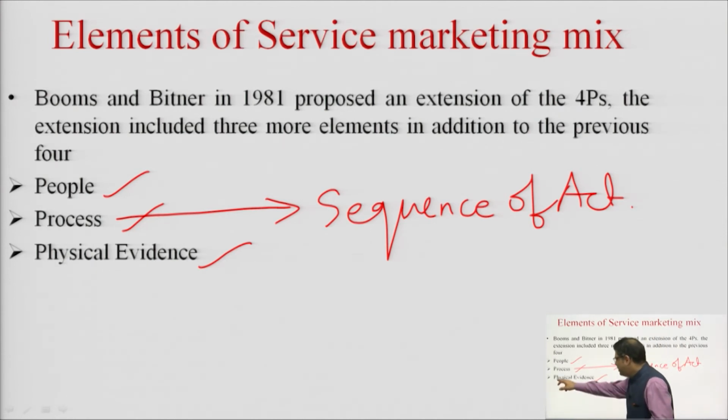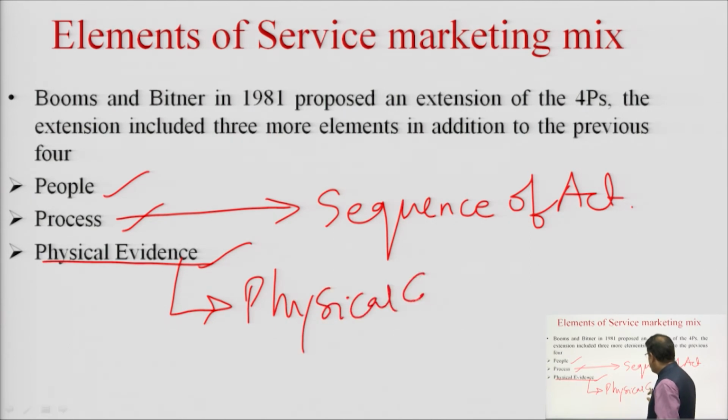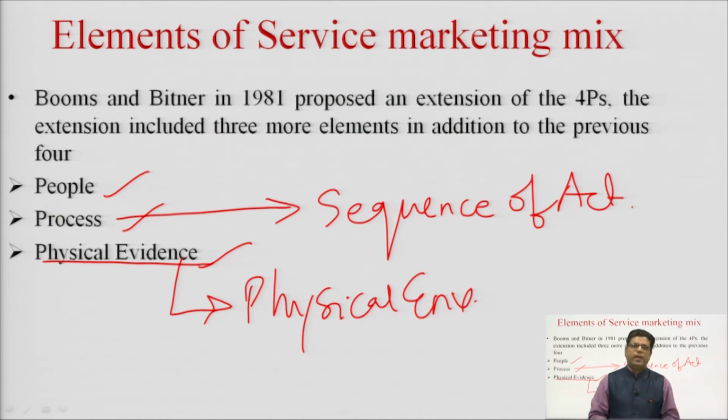And then last but not the least, there is physical evidence. Let me define this by saying that it is the physical environment in which the service is being offered. So, when we are going to a restaurant for eating food, we have tables and chairs, we have the lighting, we have the curtains, we have an ambience, we have people around who are in uniform, we have the menu card, we have the bill, there are some tissue papers kept on the table, there is some music playing.